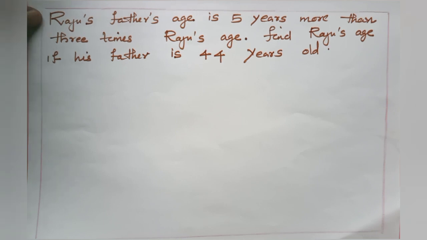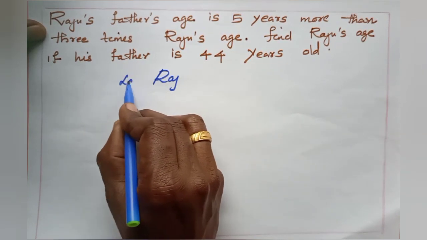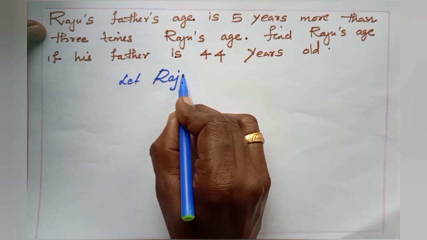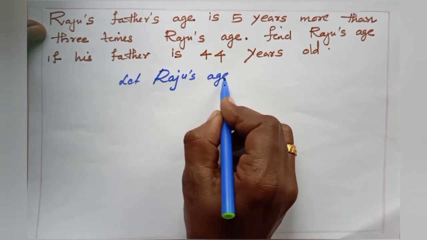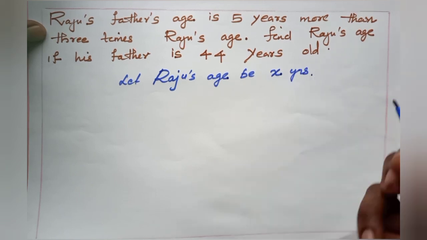Raju's father's age is 5 years more than 3 times Raju's age. So take Raju's age as x years.